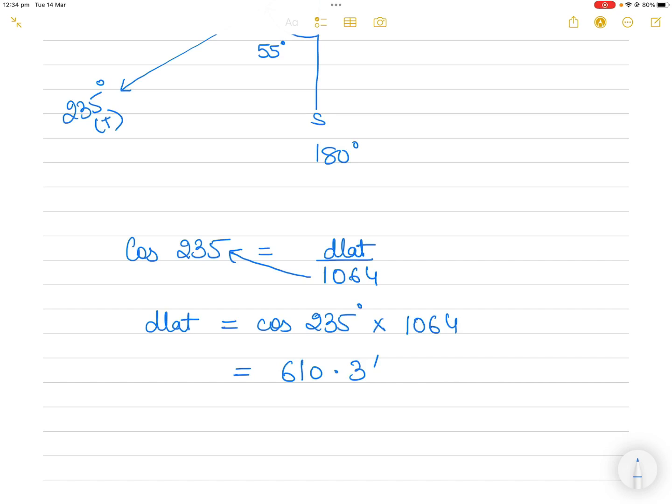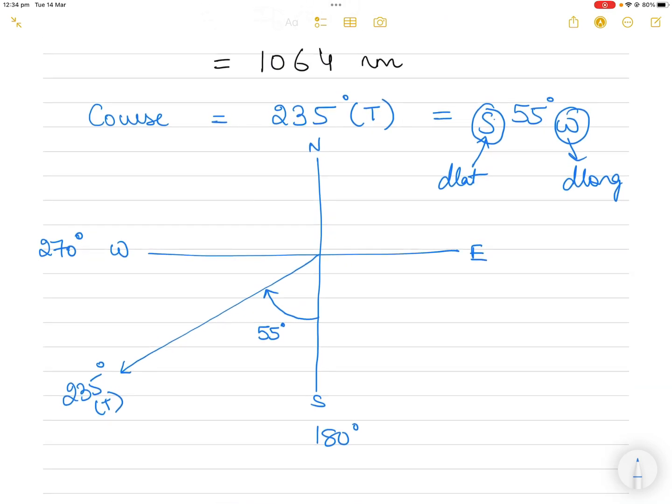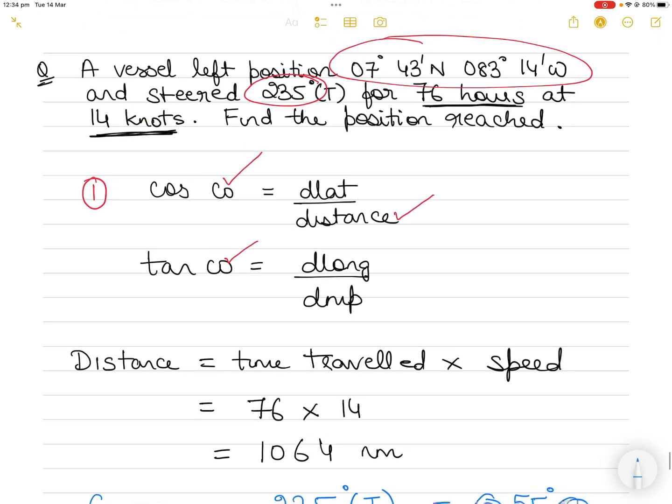This is my D-lat. Now I have to name my D-lat. I cannot just say 610.3. Remember how to name it. Because I'm on a southwesterly course, my D-lat becomes south. So if I have to draw my position A to B, this is A, my departure position. I am on a southwesterly course. This is my southwest course, and this is how I reach B. This becomes my course, of course this is 55 degrees.